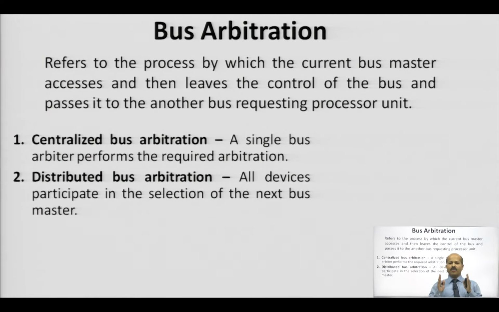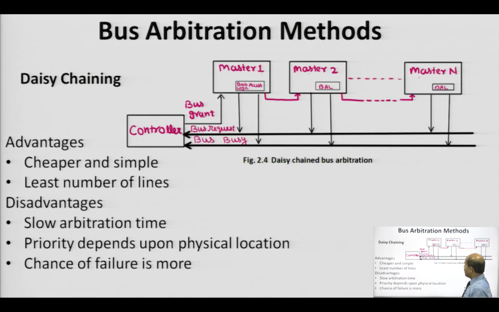The component which is using the bus is called the master. The component holding the bus is the master of that bus, because it is using the bus. Let us talk about various methods for bus arbitration.